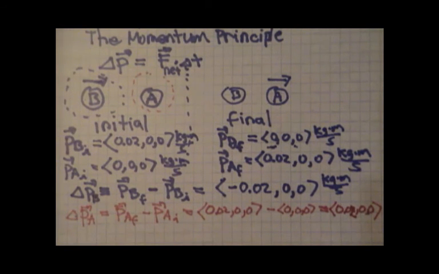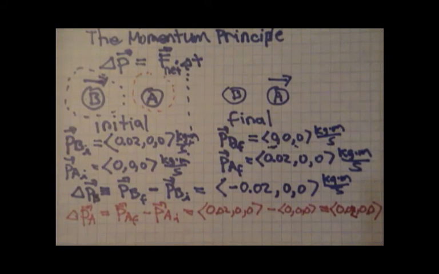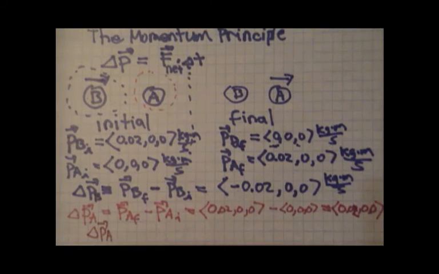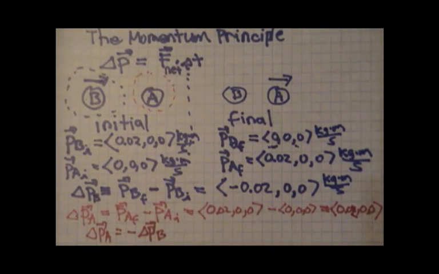So how do the changes in momenta of ball A and ball B compare? Well, notice that the change in momentum of ball A has the same magnitude but the opposite direction to the change in the momentum of ball B. And what that must mean is that the net force that acts on ball A is of equal magnitude but opposite direction to the net force that acts on ball B, because the duration of the forces is presumably the same.